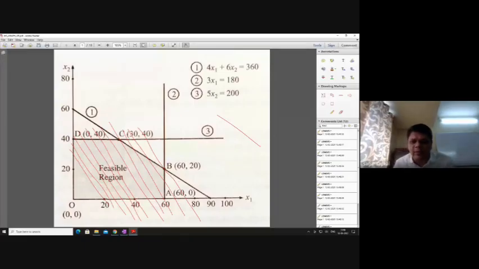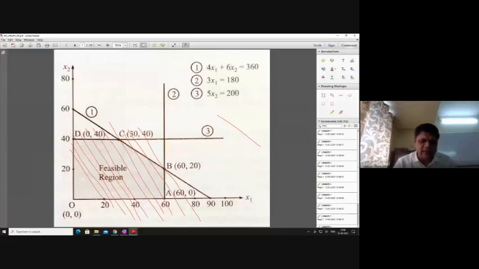So here B is the optimum point. Are you getting me? So you need not check all the extreme points and find the Z value. Here B will be directly the solution. That means your x1 is 60, x2 is 20, and put those values into your objective function, you will get Z max. Is it okay?